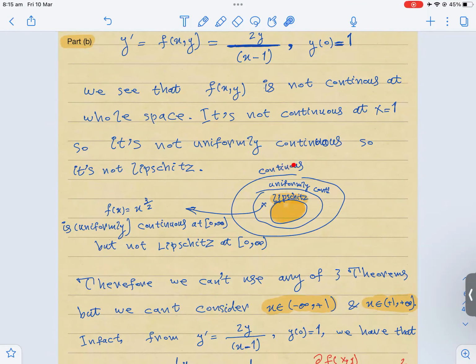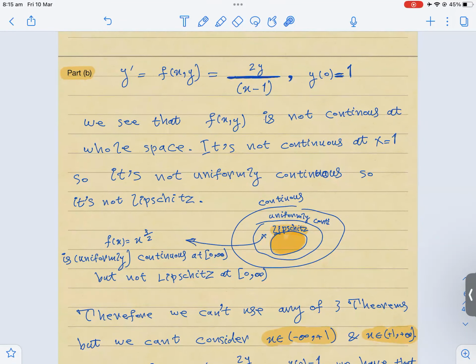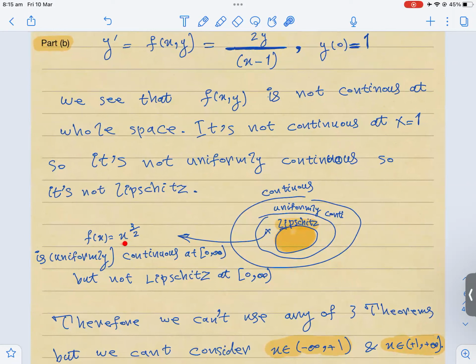If we don't have continuity, it's not uniformly continuous, so it's not Lipschitz. One example of that, f of x, as we saw in part A, x to the power 3/2, is not Lipschitz, but it is uniformly continuous on the closed space from 0 to infinity.